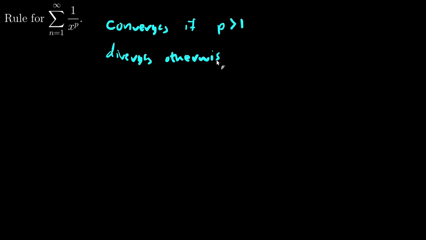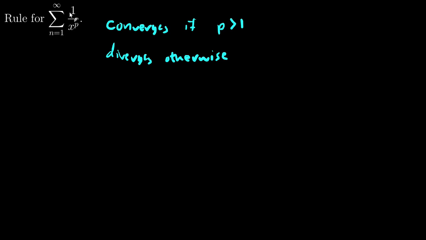Well, just like with improper integrals, I know that this converges if p is greater than 1 and diverges otherwise. The reason behind that is, just like with improper integrals, when p is greater than 1, you can take an antiderivative that will approach 0 as we go off to infinity, and I can evaluate it.